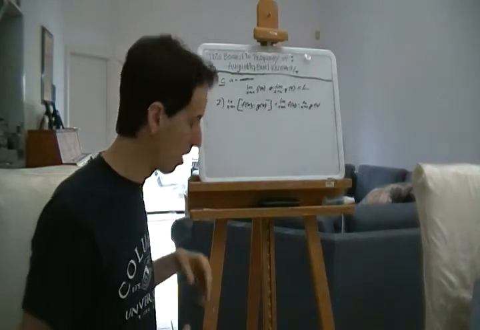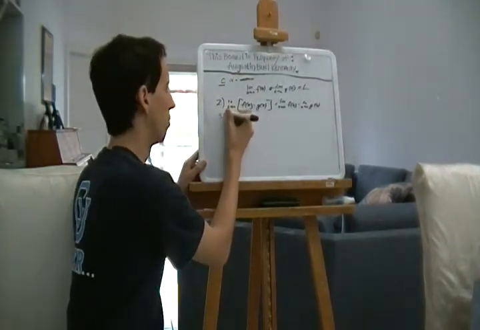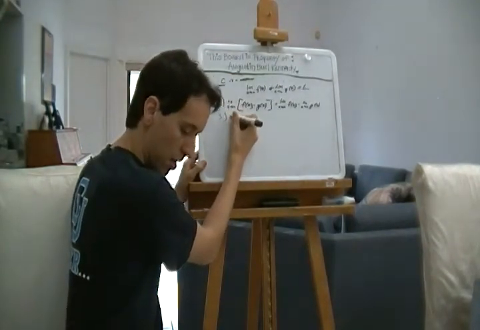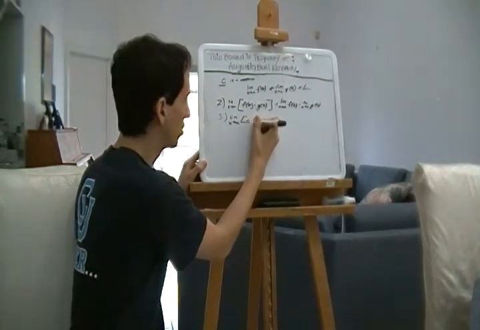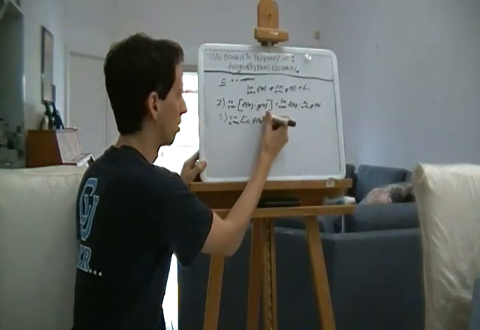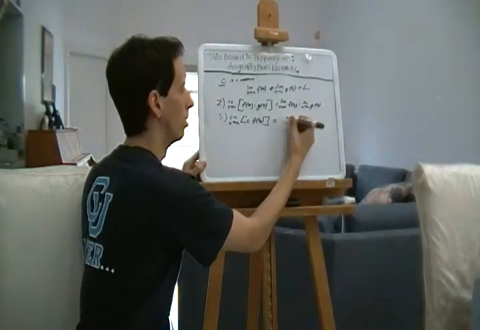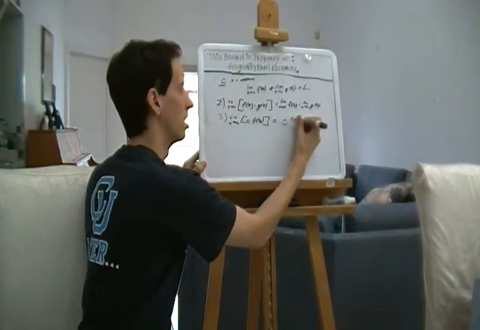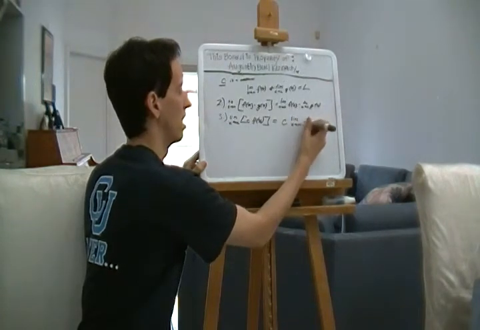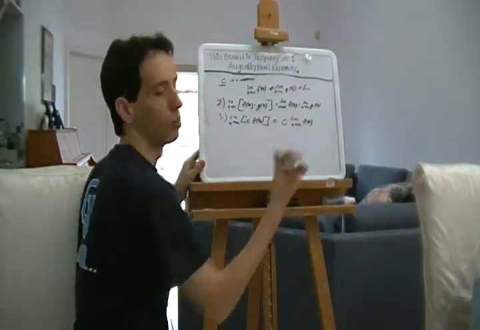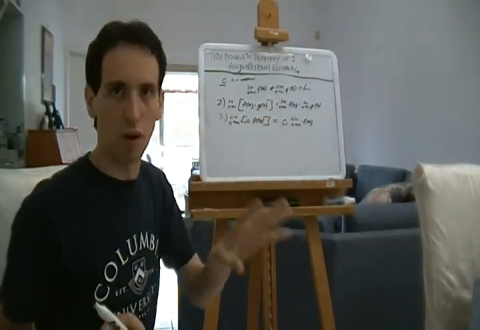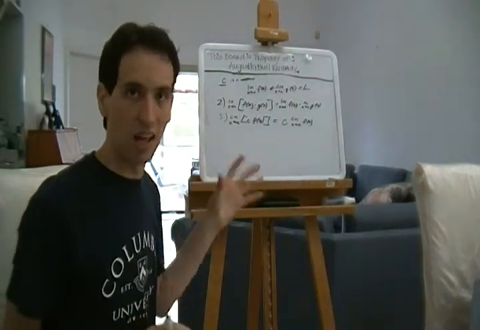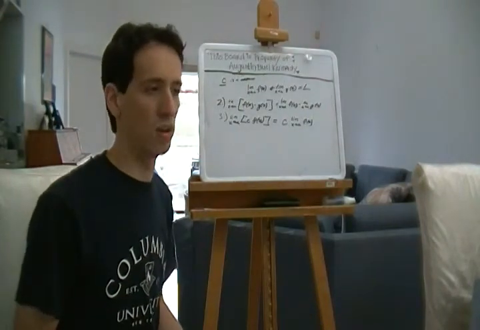Very simple. Also, here's number 3. Limit as x approaches a of some constant c times f of x is equal to that constant times the limit as x approaches a of f of x. In other words, if you've got a function, you can just take the number in front of it outside and then work with the limit on its own.